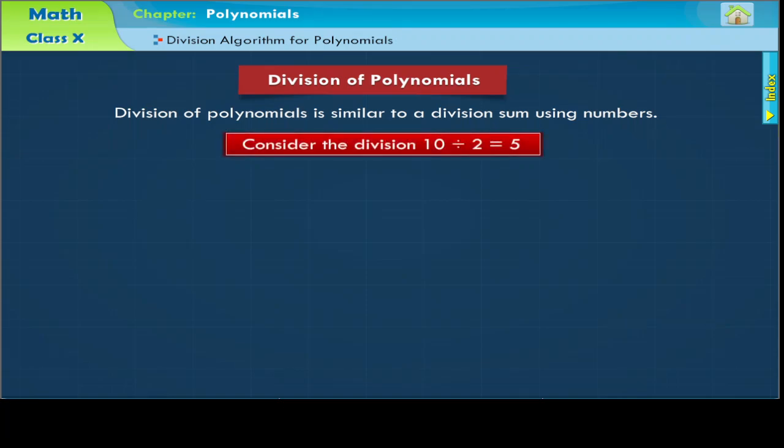Consider the division 10 divided by 2 is equal to 5. Consider the division x squared plus x divided by x plus 1.